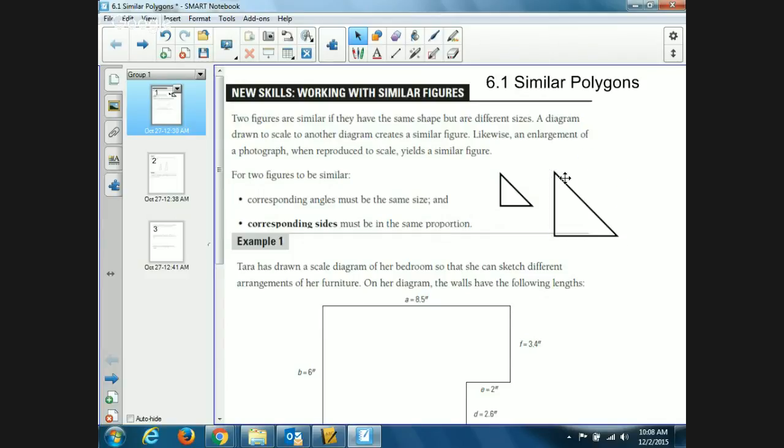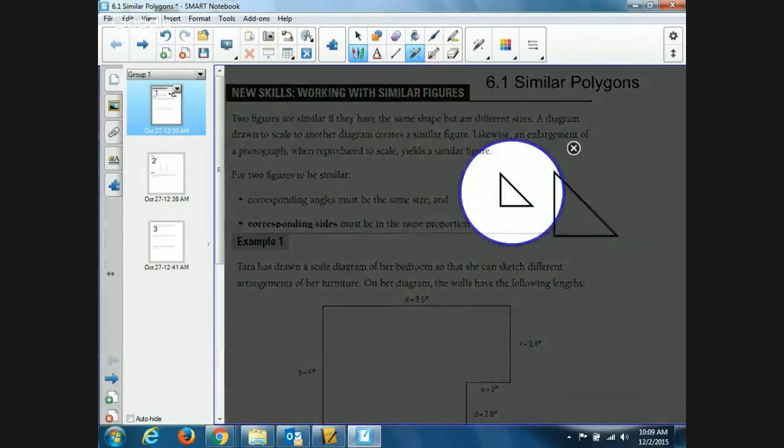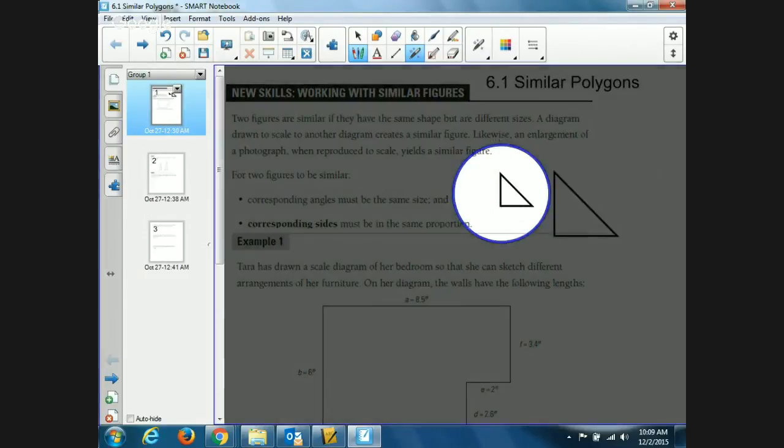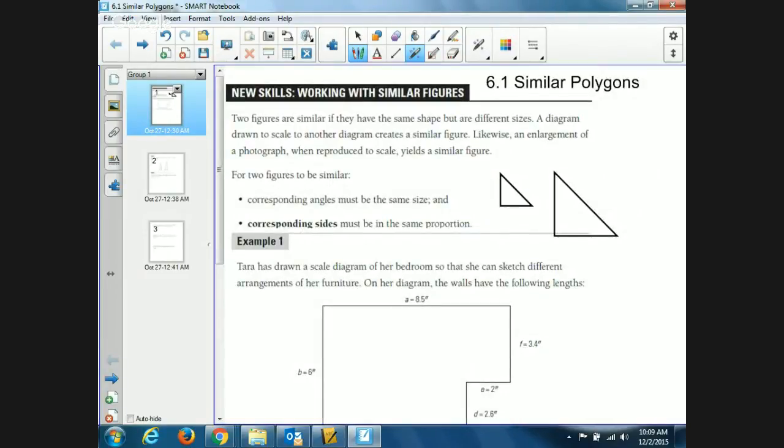Do you guys see how this shape and the other shape are similar? They have the exact same angles. The bigger one is maybe twice as big, approximately. So this shape is similar to that shape. The angles are the same. If we do a ratio, one will be two times bigger, so all the measurements will just double.